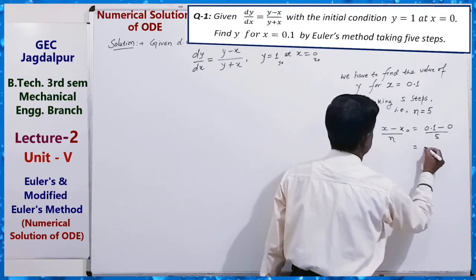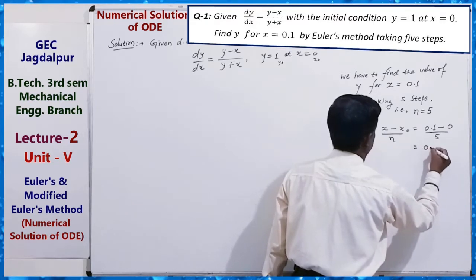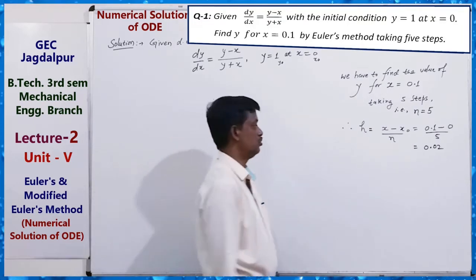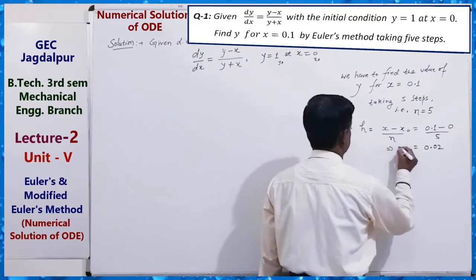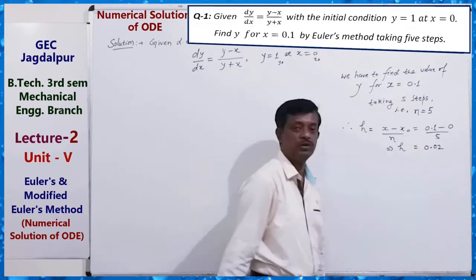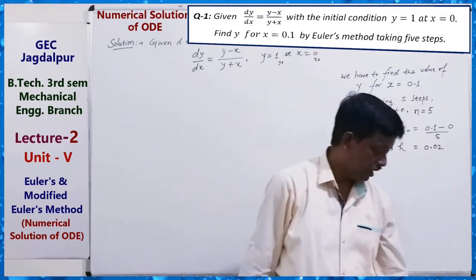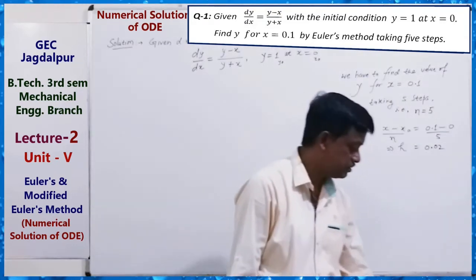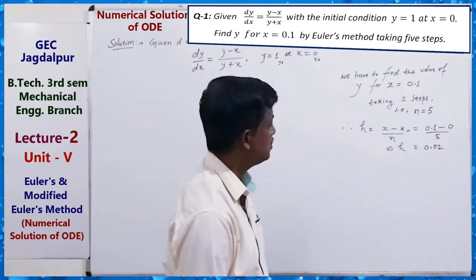So this equals 0.02. So h equals 0.02. We can find it like this: 0.1 minus 0 by 5.